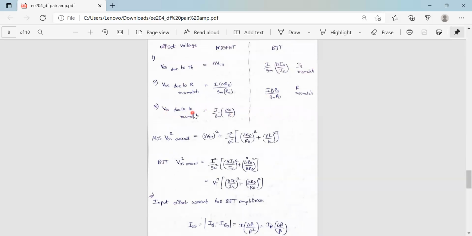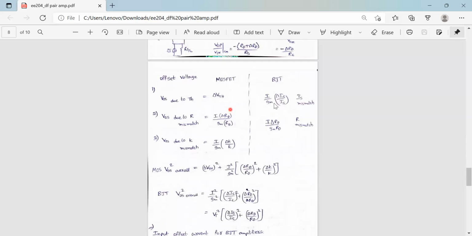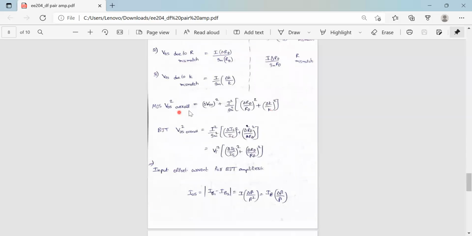And VO due to K mismatch: the K value in ID is equal to K by 2 into VGS minus VTH whole square. Due to this mismatch, offset voltage occurs. For BJTs, this is due to IS saturation current mismatch, and this is due to R mismatch. For the overall offset voltage, we can take the RMS of the whole mismatch.